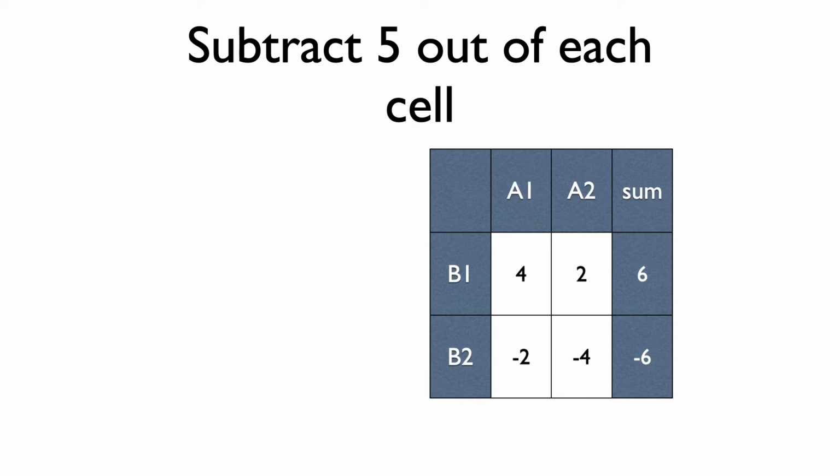Add those numbers up, they sum to 0. We've taken out the only thing that applies to all the numbers, the grand mean. If we do that, those numbers must sum to 0. They have to.